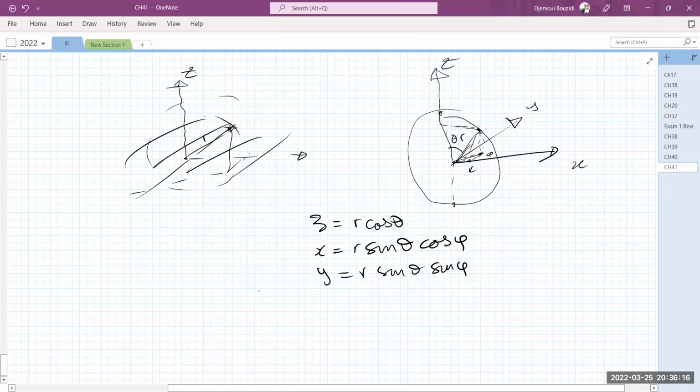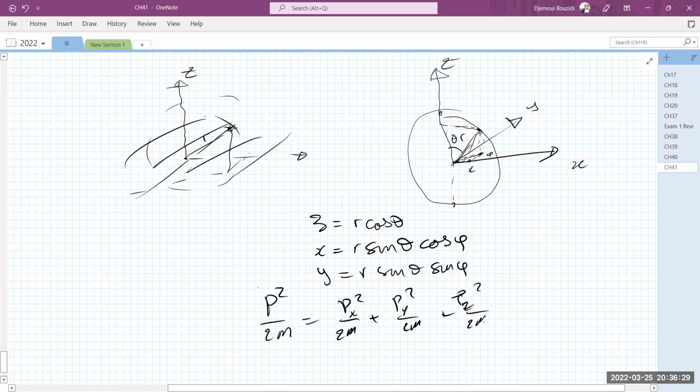We need to take that kinetic energy term, which is really p squared over 2m, which is really px squared over 2m plus py squared over 2m plus pz squared over 2m, and write this term in terms of spherical coordinates.